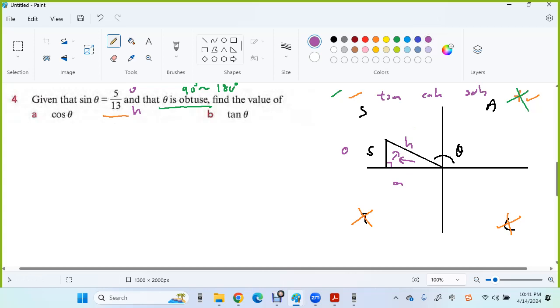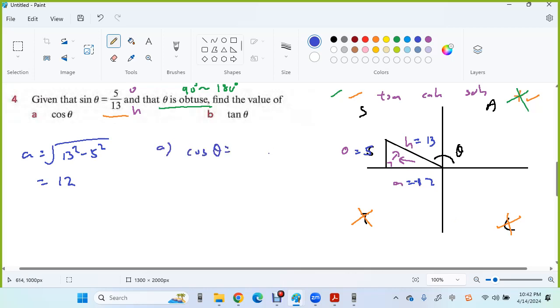The opposite is 5, hypotenuse is 13. So the adjacent will be the square root of 13 squared minus 5 squared, which is 12. So this is 12, negative 12, because backward is negative.